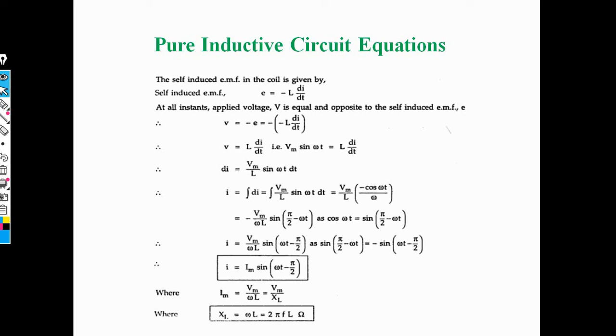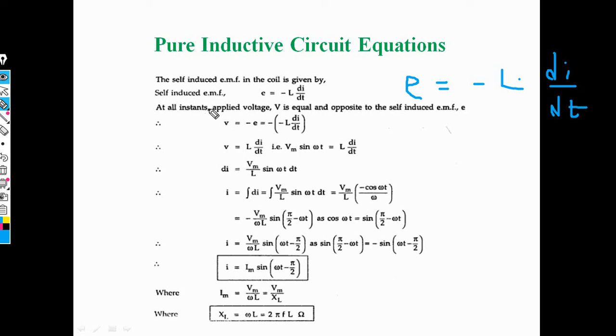The inductive coil depends on the self-induced EMF in the coil. The self-induced EMF equation is E is equal to minus L di by dt.